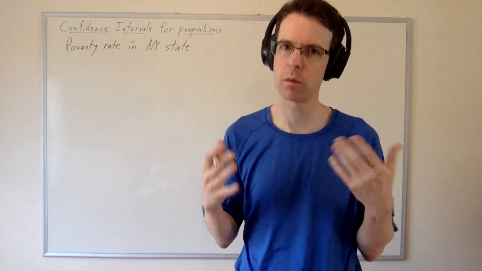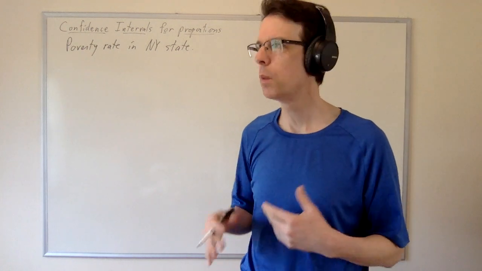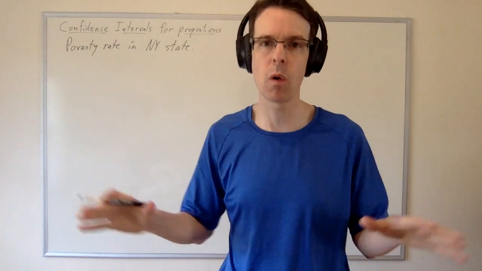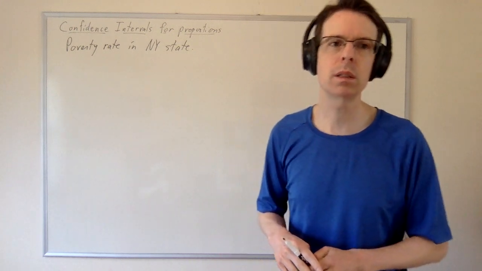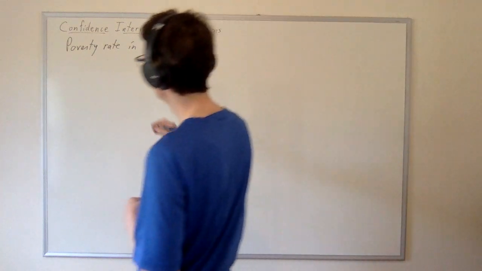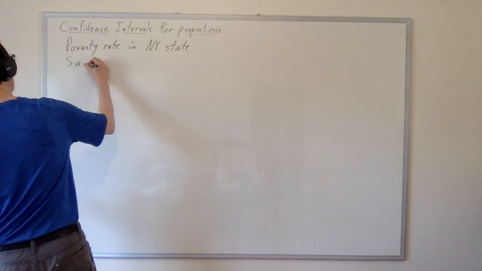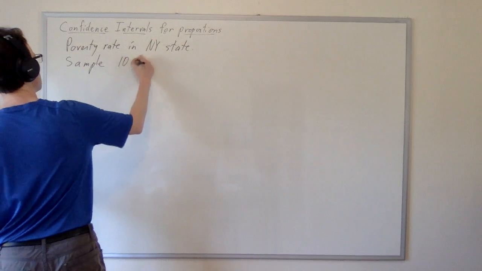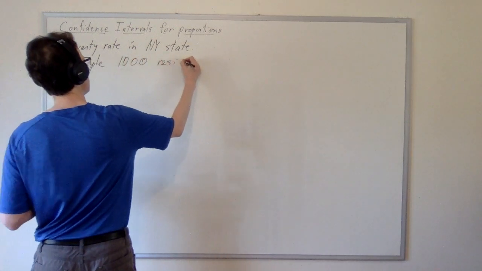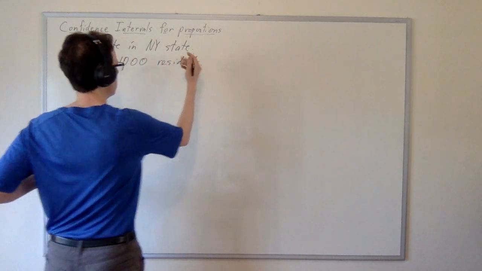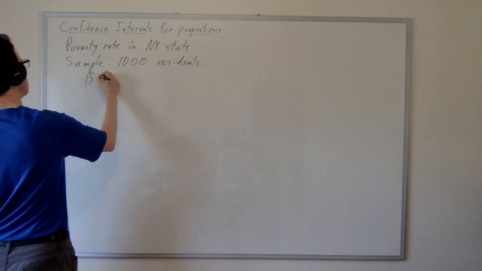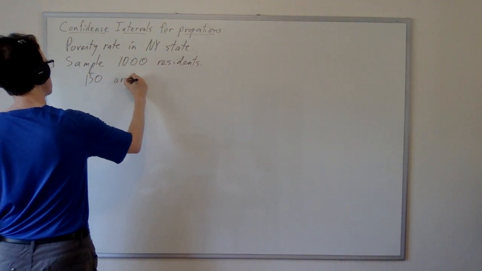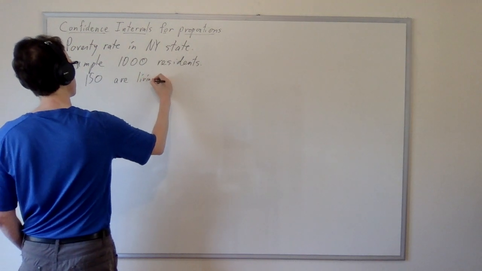But let's assume for the purpose of this problem that we don't have information about all the millions of residents, that we are only able to do a sample. And let's say, for the sake of argument, that we're able to do a sample of 1,000 residents. So we sample 1,000 residents, and by whatever definition of the poverty line we use, we find that 150 are living in poverty.